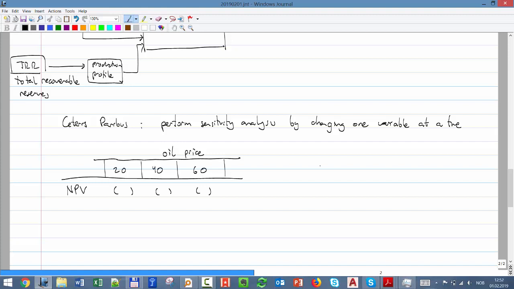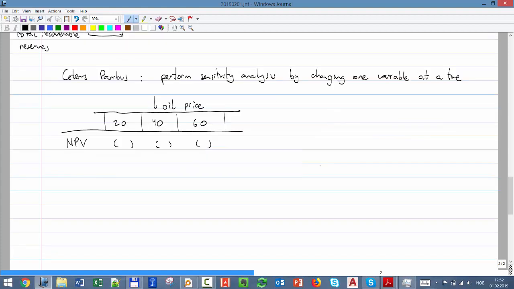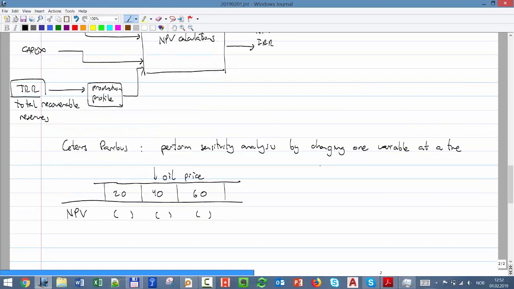Capex typically during the development phase has an uncertainty of plus minus 20%. So they also change it, keeping the oil price fixed at the base case of 40. Change capex plus and minus 20%. Perform by changing one variable at a time, keeping all others constant.